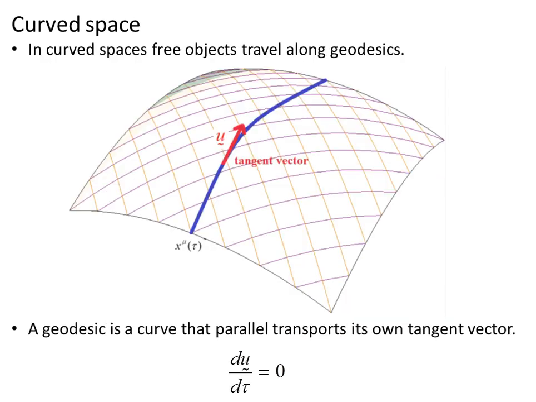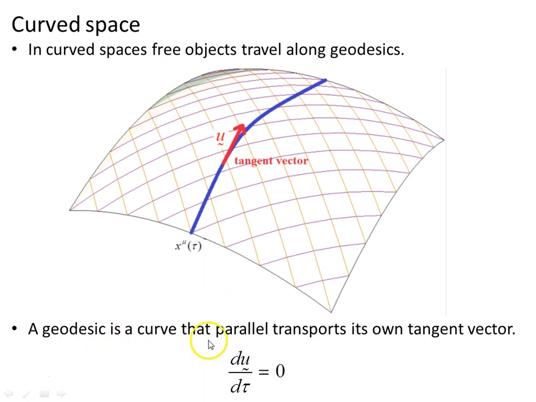In curved space, free objects travel along geodesics. So let's think of this surface here, two-dimensional, forms a manifold, and here's some path along it. A free object, not subject to any forces, will, in whatever space it's in, follow a geodesic. And a geodesic is the straightest possible path in that space.